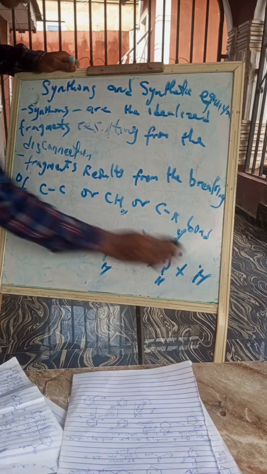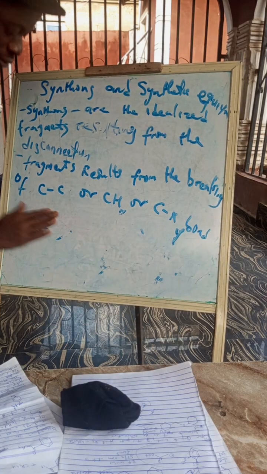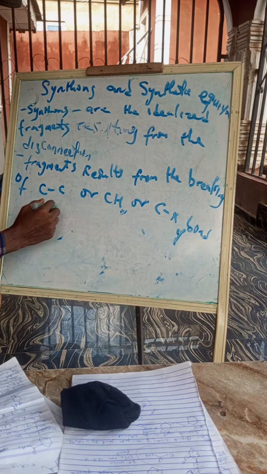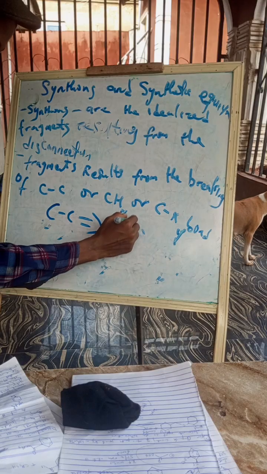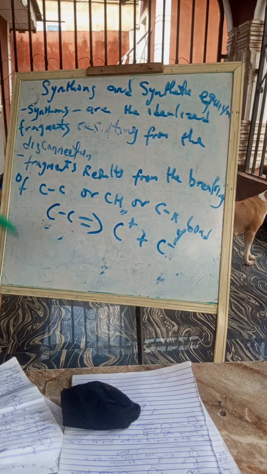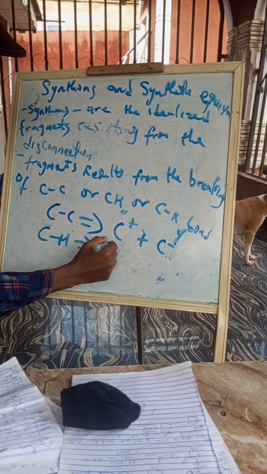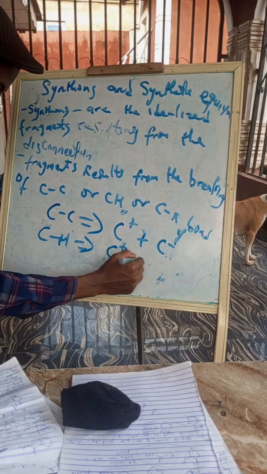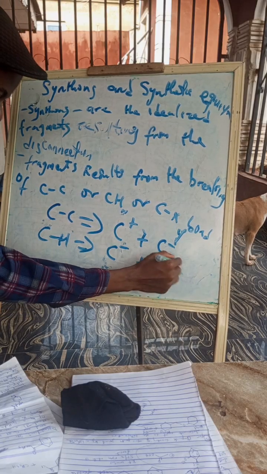So to further our example, assuming we have a C to C bond, you end up forming C plus and C minus as the respective charges. Or if we have C to H, we will definitely end up having C plus, C minus, or H plus.